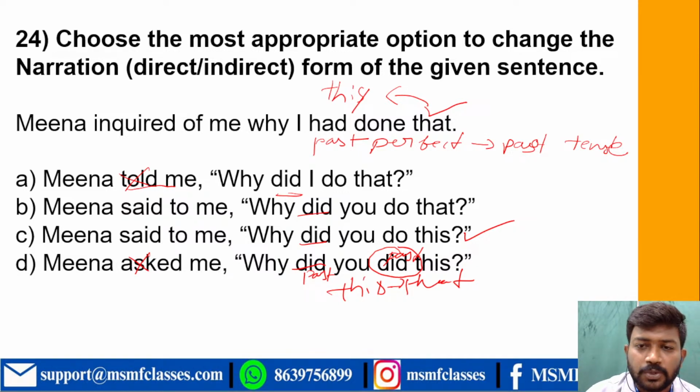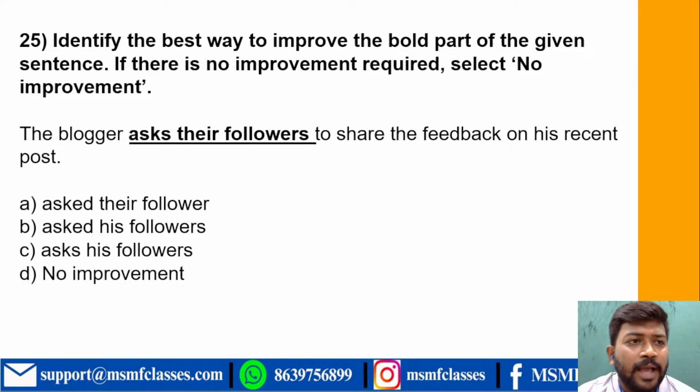Now let me move to the next question. 25. Identify the best way to improve the bold part of the given sentence. If there is no improvement required, select no improvement. The blogger asks their followers to share the feedback on his recent post. When do we use simple present tense?